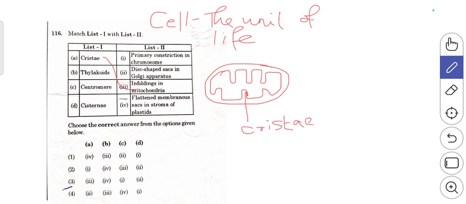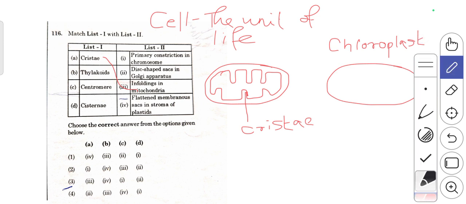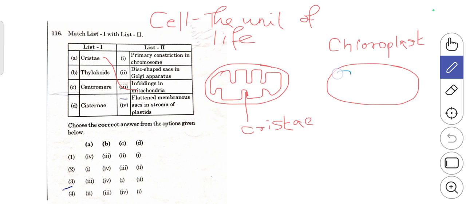The second they have given is thylakoid. As you all know, consider this as the chloroplast. In this chloroplast, we will come across specialized structures called a pile of coin-like structures.